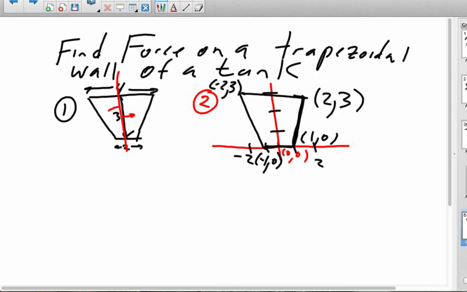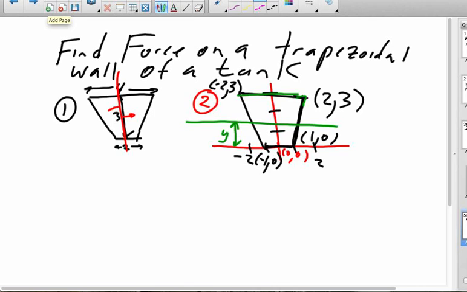Then step 3, I'm going to take my slice right through there. There's my slice. And my slice is going to be at some unspecified distance up, which we're going to call y. So we're going to assume that this thing's full.